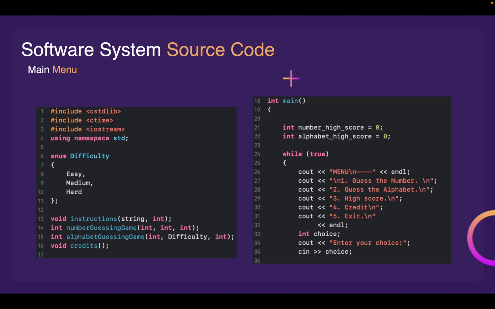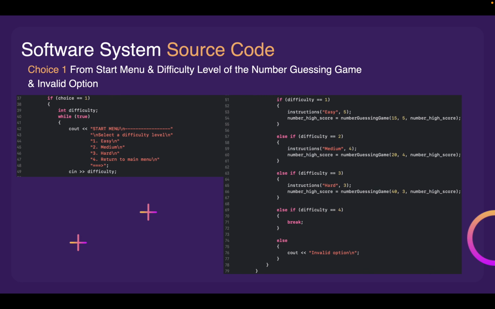Now, we will go into the software system source code. Here, we use an enumeration declaration to make our work easier in if-elses. We use function prototypes to use the functions we wrote in the main function. We define 2 variables to keep high scores.